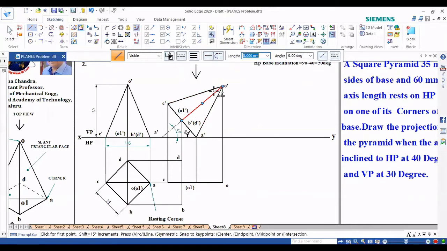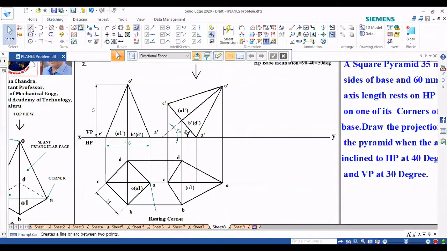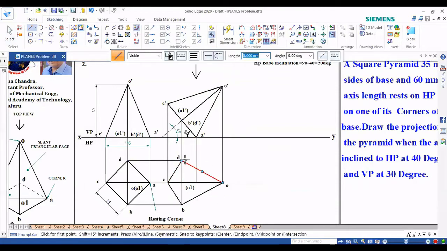It's actually at the center, so you feel that it is not visible from the top, but if you watch here, it is an outer edge. OB and OD should be visible, they can't be hidden. And again DC and DB. Outer edges should always be visible. So we have all visible lines: OB, OD, and OC is done.